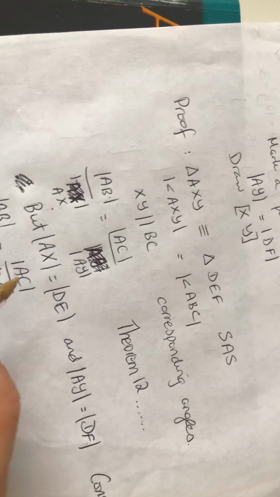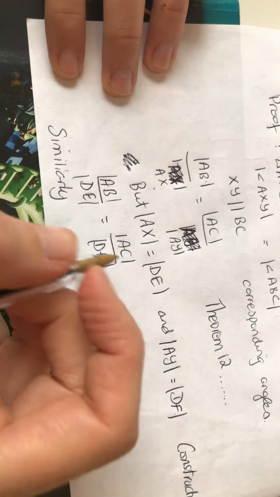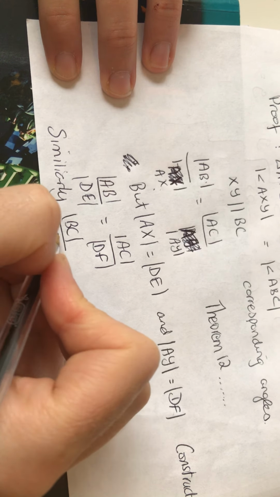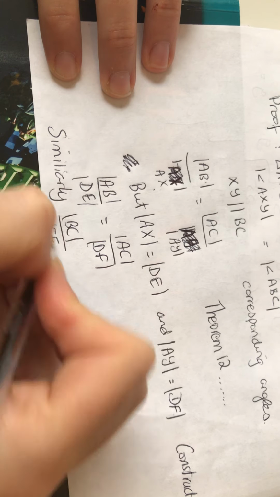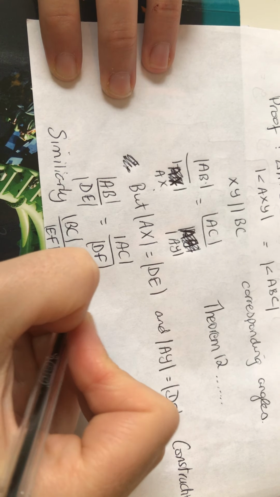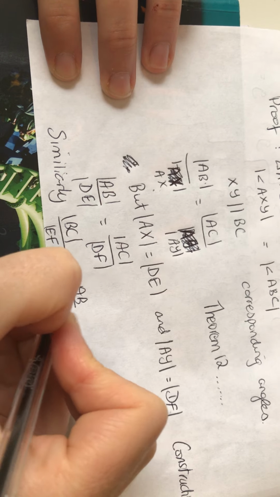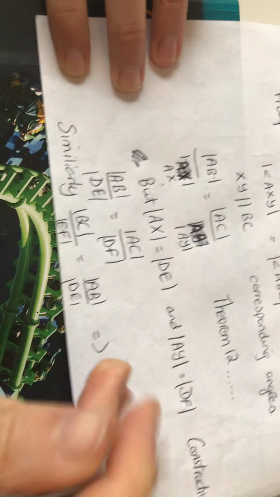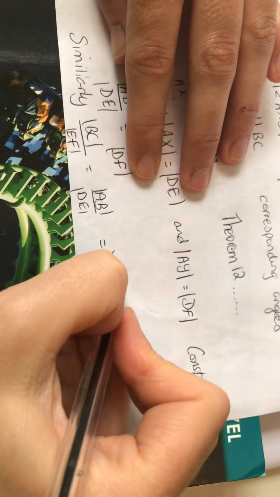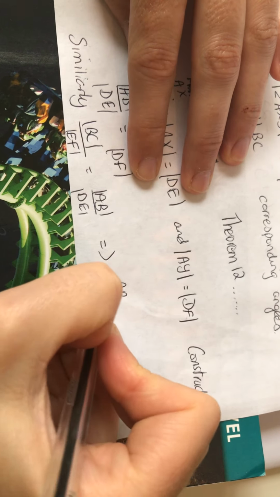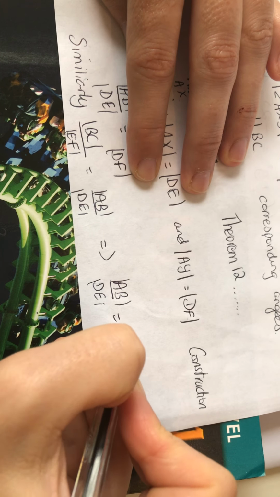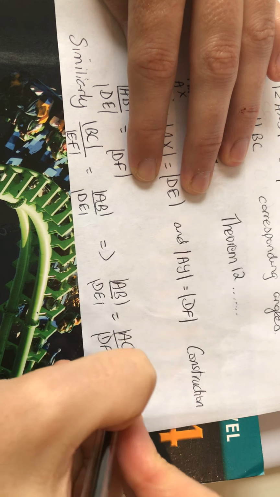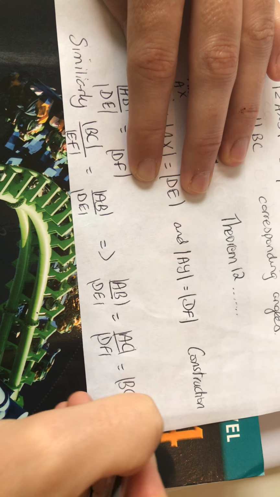So similarly, we could have done our construction a different way, and we would have had the length BC over EF is the same as AB over DE, which just implies AB over DE is the same as AC over DF, which is the same as BC over EF.